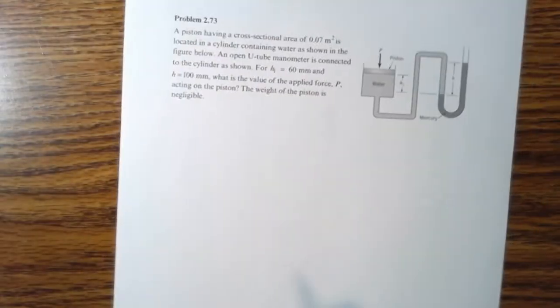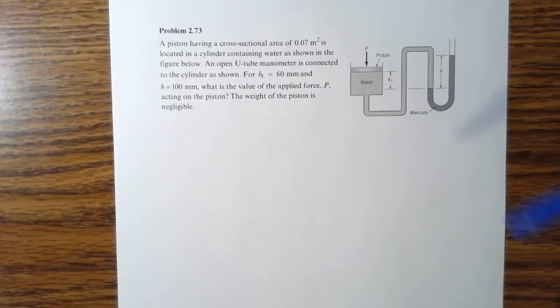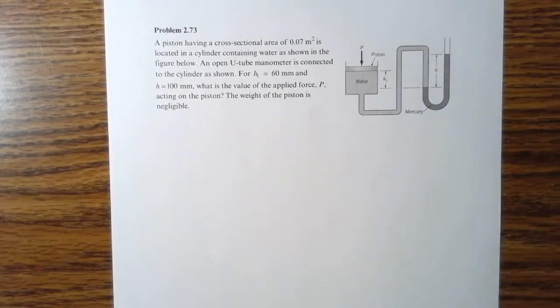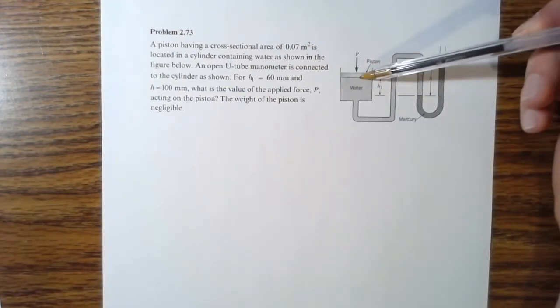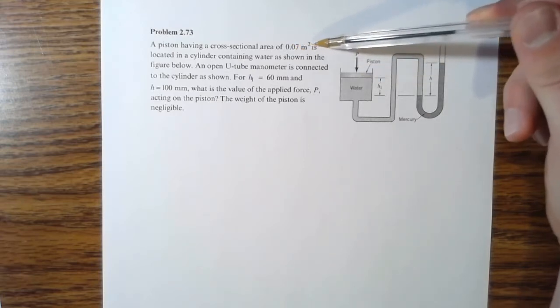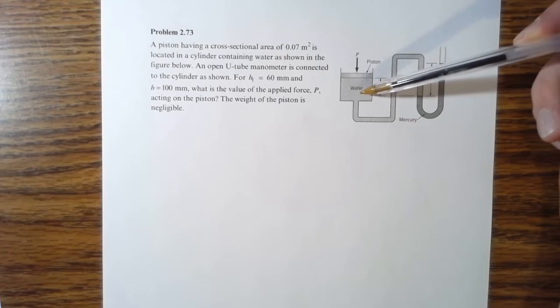So on that note, we're going to work on a couple problems today. First one we're going to do is a manometer problem. A pretty simple one, but just as kind of a refresher. We have this piston with a cross-sectional area of 0.07 meters squared on the cylinder containing water, as shown in the figure below.